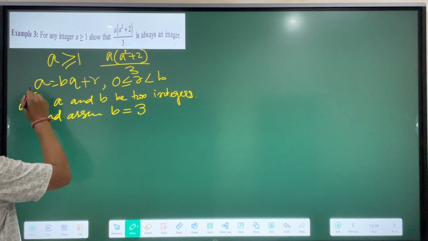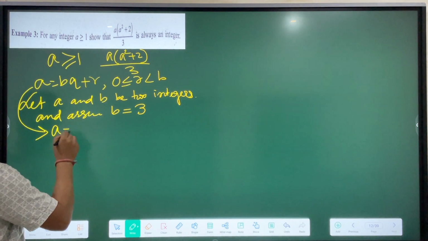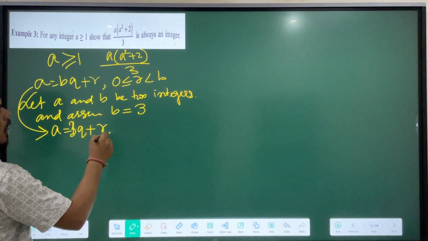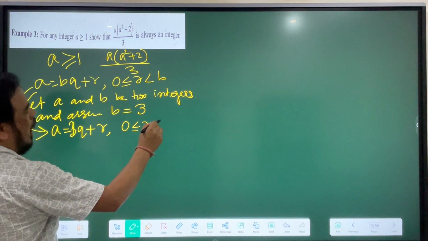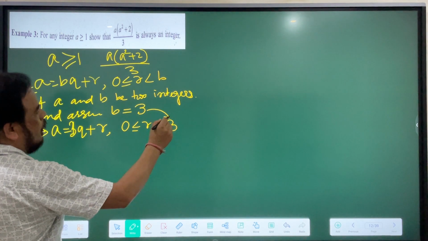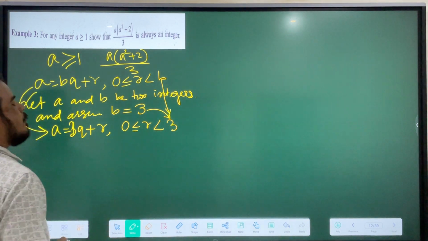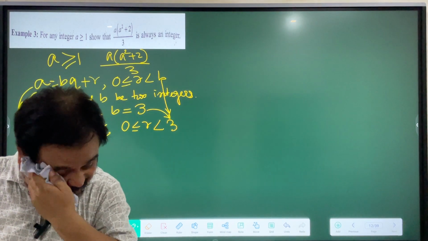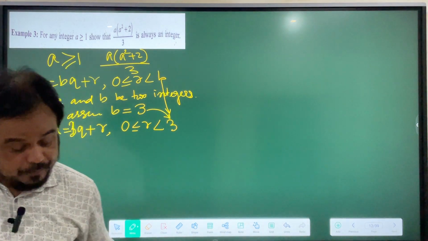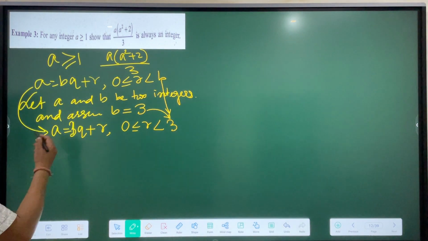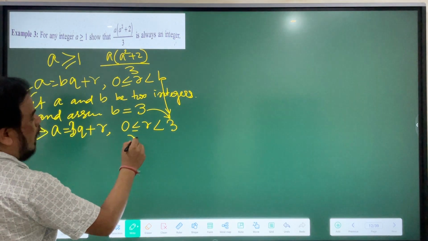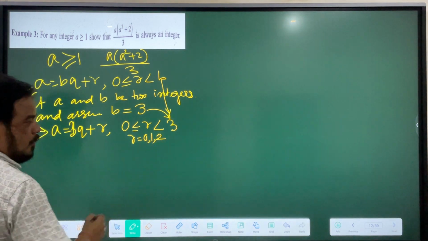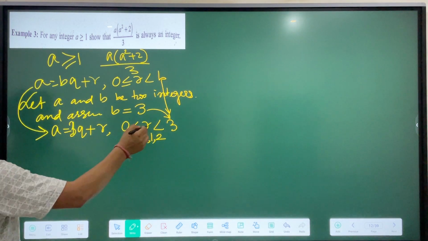So what will we write? This one we will write again: a = 3q + r, 0 ≤ r < 3. Now what is r? r = 0, 1, 2, because it is less than 3.